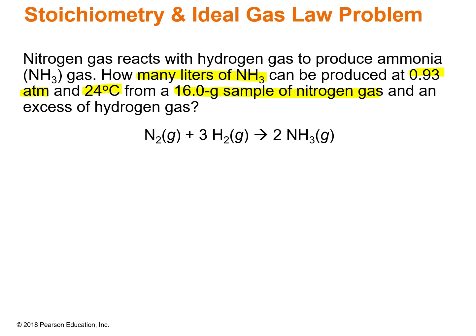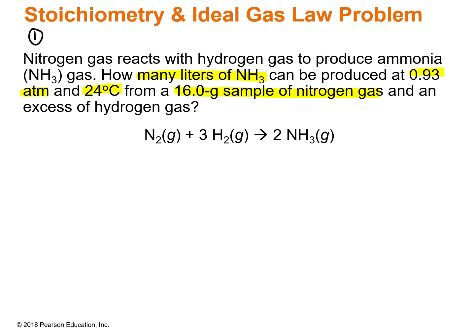Whenever you see a question like this, where you're asked about a volume and you're given other information like the pressure and the temperature, that means you have to use the ideal gas law in addition to whatever stoichiometry you need to do. So here are the steps for this.